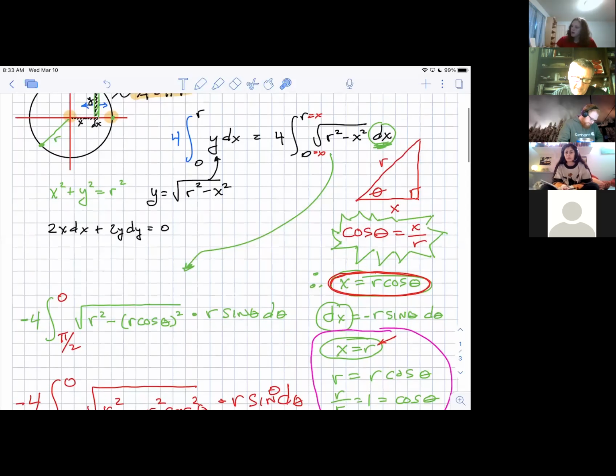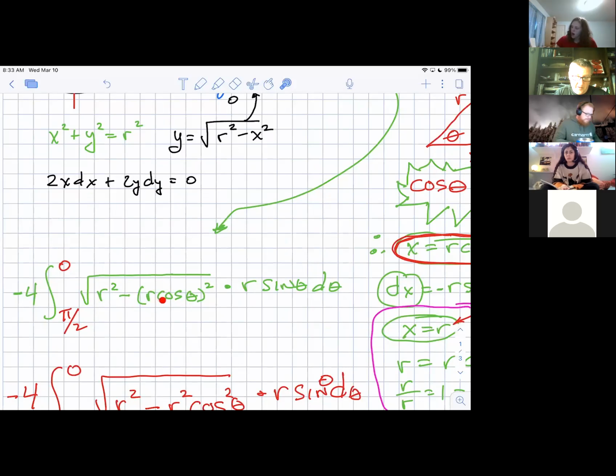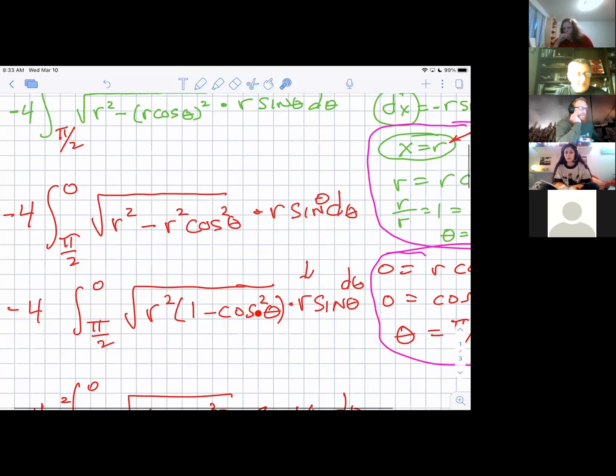Then you would have had r squared minus r sine theta, and then this statement down here would have been 1 minus sine squared, and then you would have said, oh, that's cosine squared, and then you would have taken the square root of cosine squared and got cosine, and this term out here would have also been cosine, so we would have ended up with the integral of cosine squared, and we still would have got the same answer. Gotcha. It's a fabulous question.